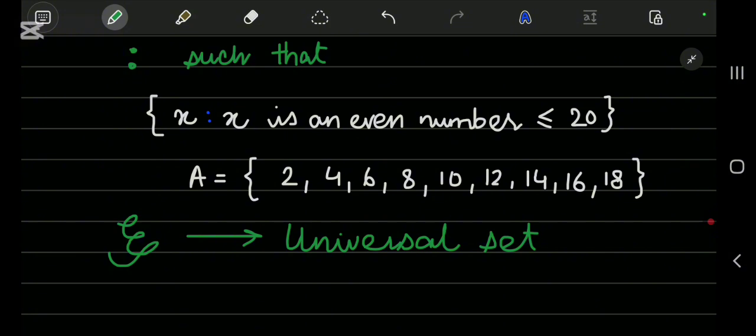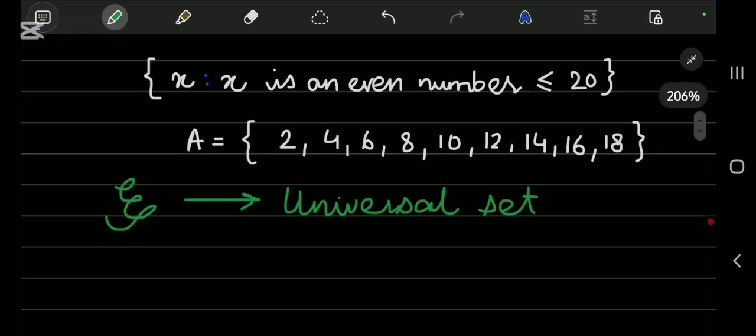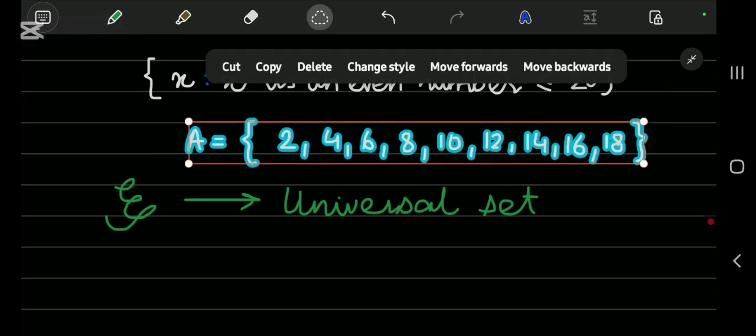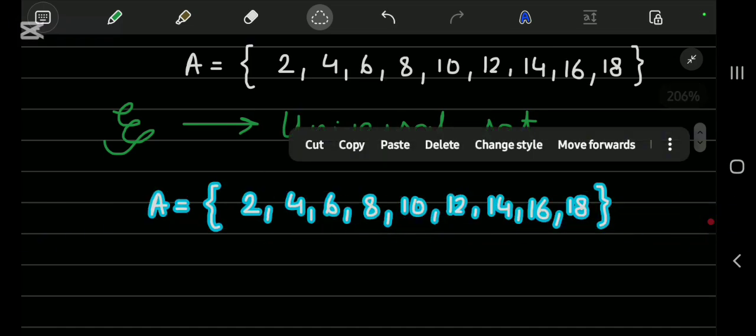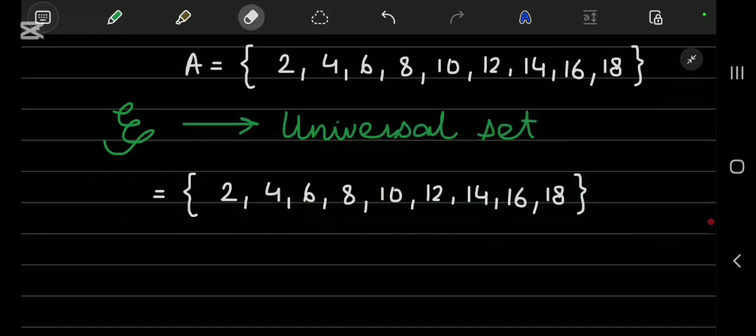For example, if they say that this is your universal set, which I wrote above, x such that x is an even number, this is given as a universal set in a question. So let's take that as the universal set.